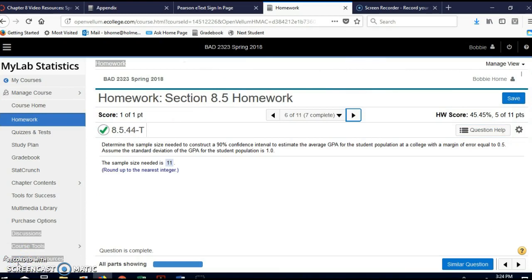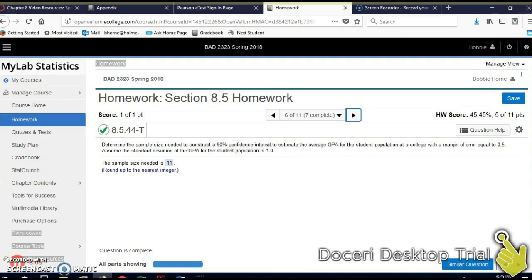On question number 6, it wants you to determine the sample size. First of all, 90% confidence interval. If you look on the table that we looked at in the previous problem, for a 90% confidence interval, I believe your value is 1.645, and we're using our formula where we work backwards.